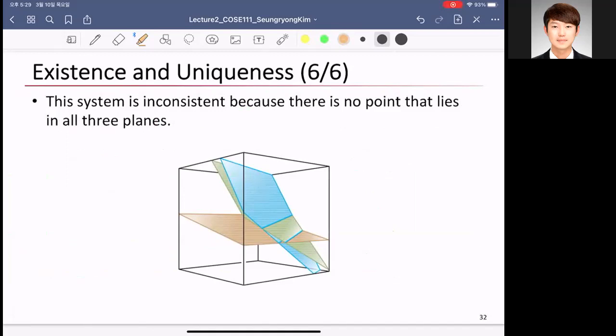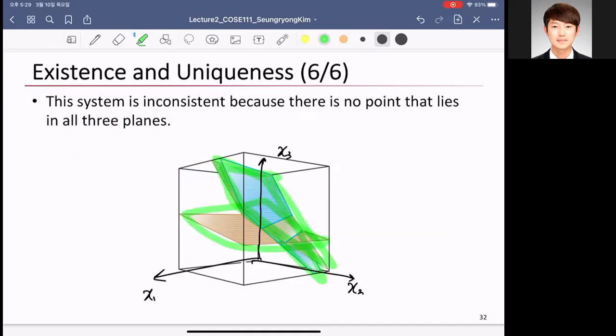So if you remember the way to represent three-dimensional space, I mean the three variable equation, let's suppose x1, x2, and x3, the original system consisting of three equations forms three planes like this, right?